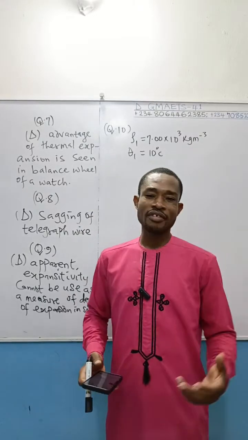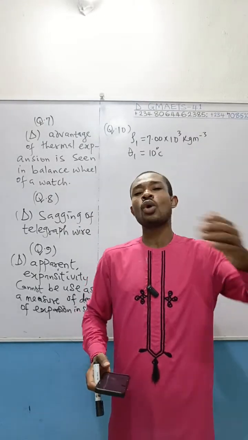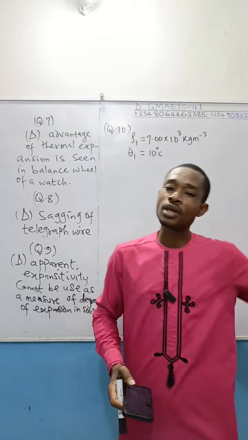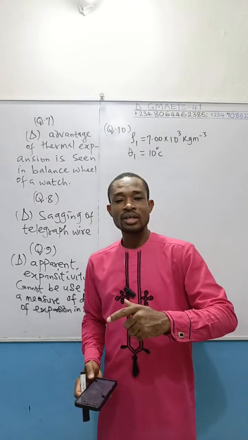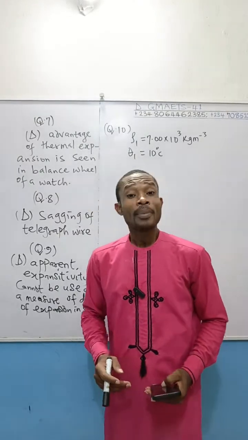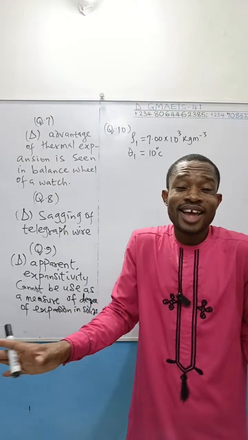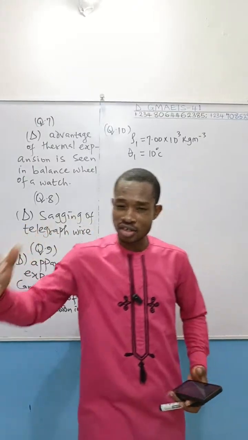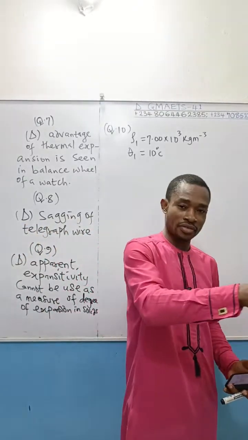If the mass was given, I could have used the formula density equals mass over volume, made volume the subject, and calculated volume by dividing the mass by the density. But I have no choice. You see, I'm trying to use the knowledge of the known to deal with the unknown.